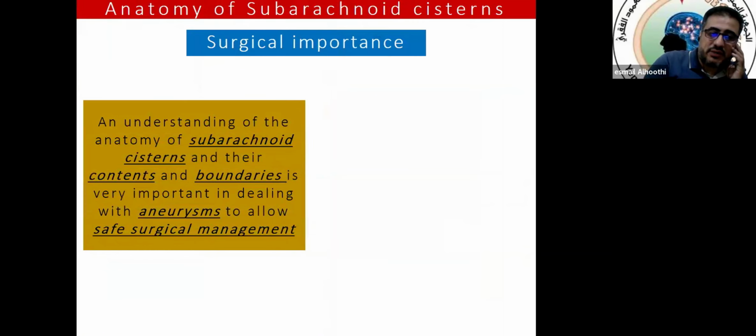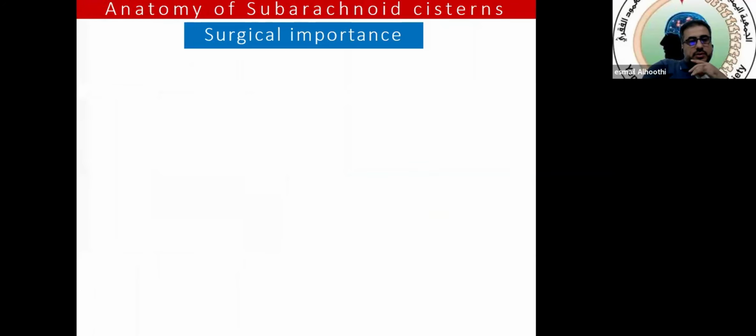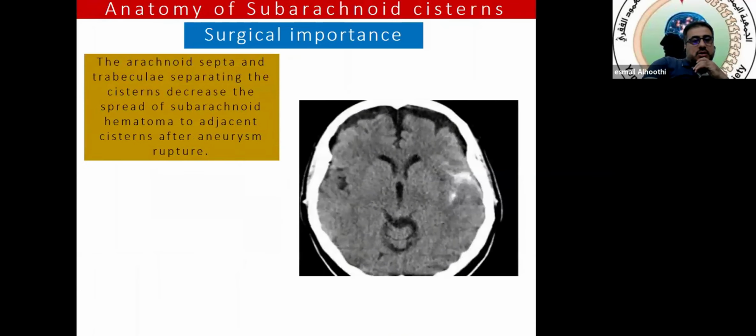Also, an understanding of the anatomy of the subarachnoid cisterns and their contents and boundaries is very important in dealing with aneurysms to allow safe surgical management. Also, the arachnoid septa and trabeculae separating the cisterns decrease the spread of subarachnoid hematoma to the adjacent cisterns after aneurysm rupture.